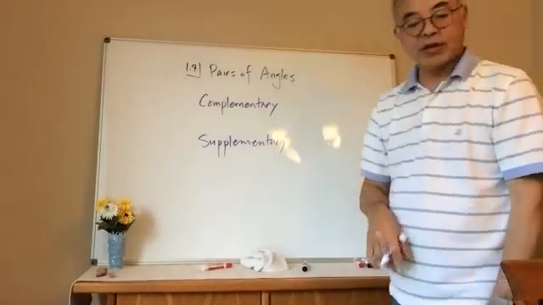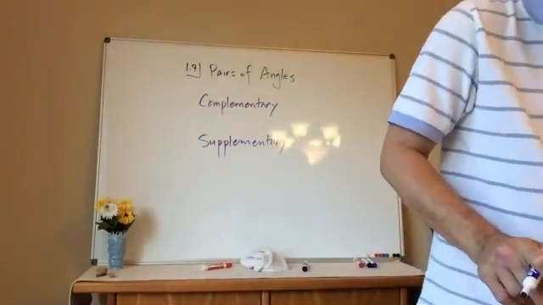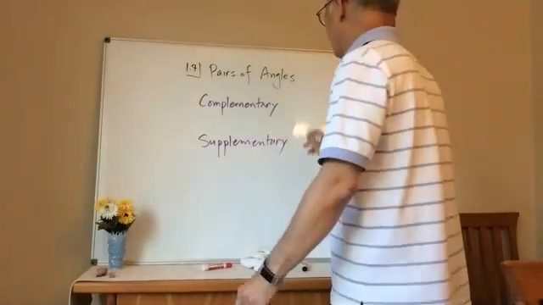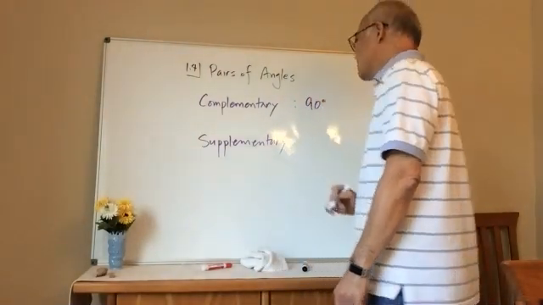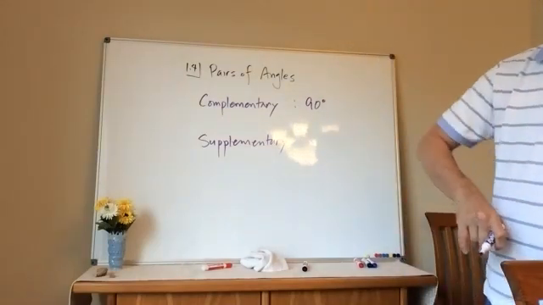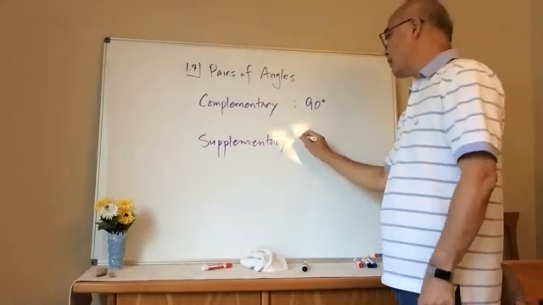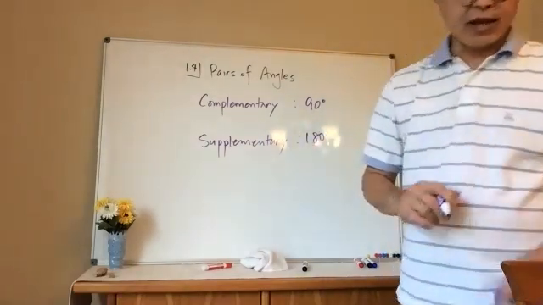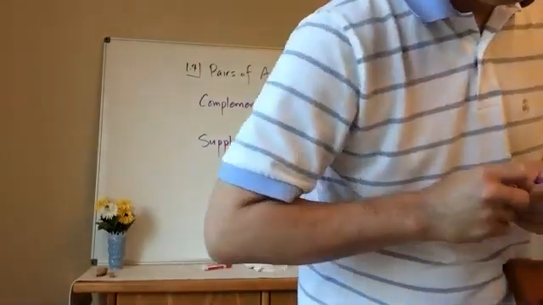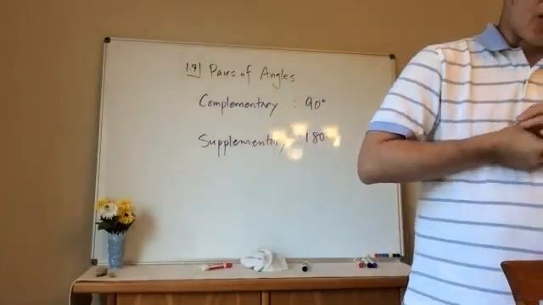If you read the definitions, it says complementary angles, when added together, add to 90 degrees. Whereas supplementary, when you add them together, add to 180 degrees.